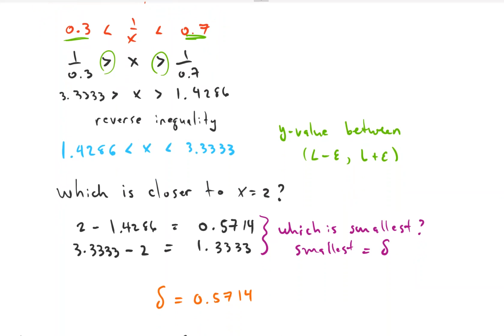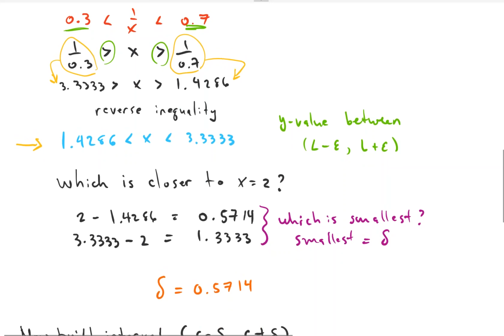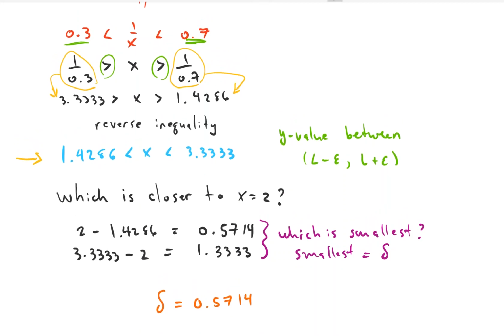Just doing the arithmetic, 1/0.3 is just 3.333. 1/0.7 is just 1.4286. And personally, I like to see the biggest numbers on the right and the smallest numbers on the left. So I'm just going to spin this inequality. It still says the same thing, but it has the small number on the left and the bigger number on the right.